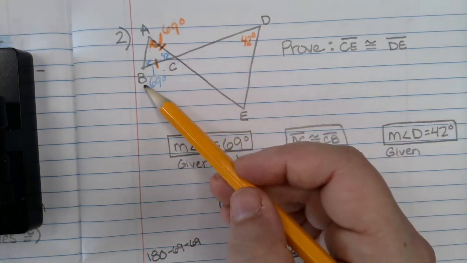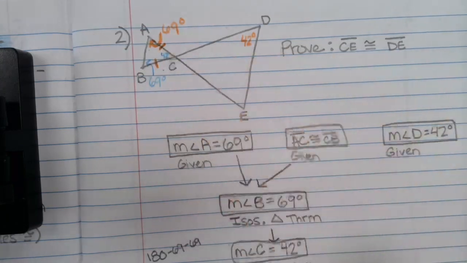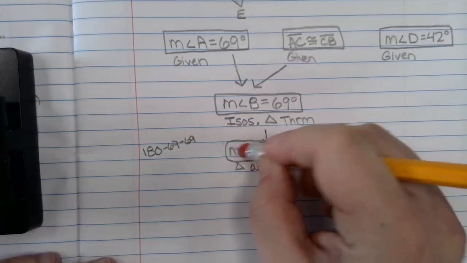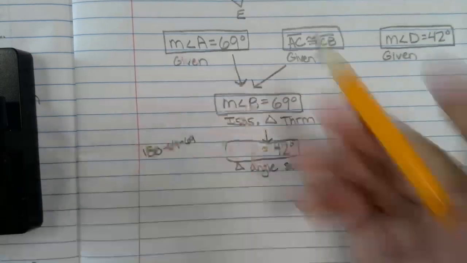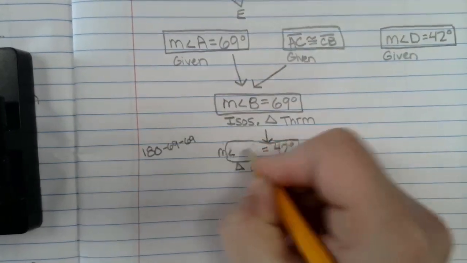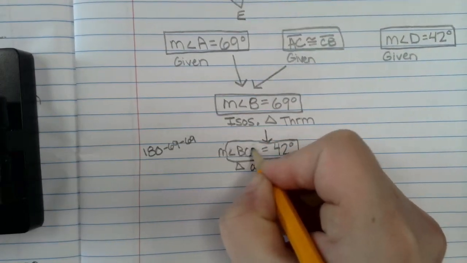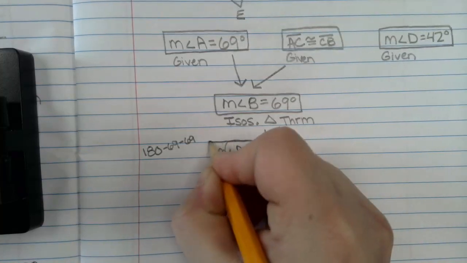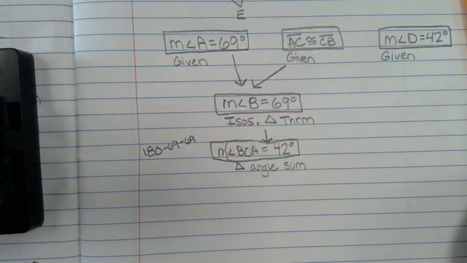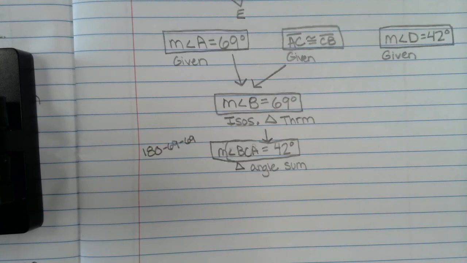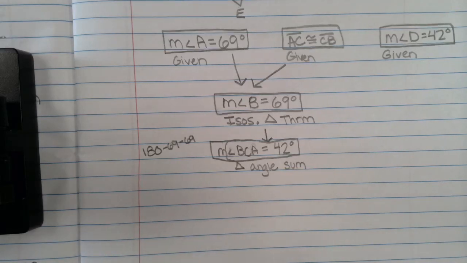A, C, B, or B, C, A. So measure of angle B, C, A. Alright. My bad. Sorry. Should have realized that before, but I got too excited. I just love proofs. Alright, we're almost there. You guys are crushing this.